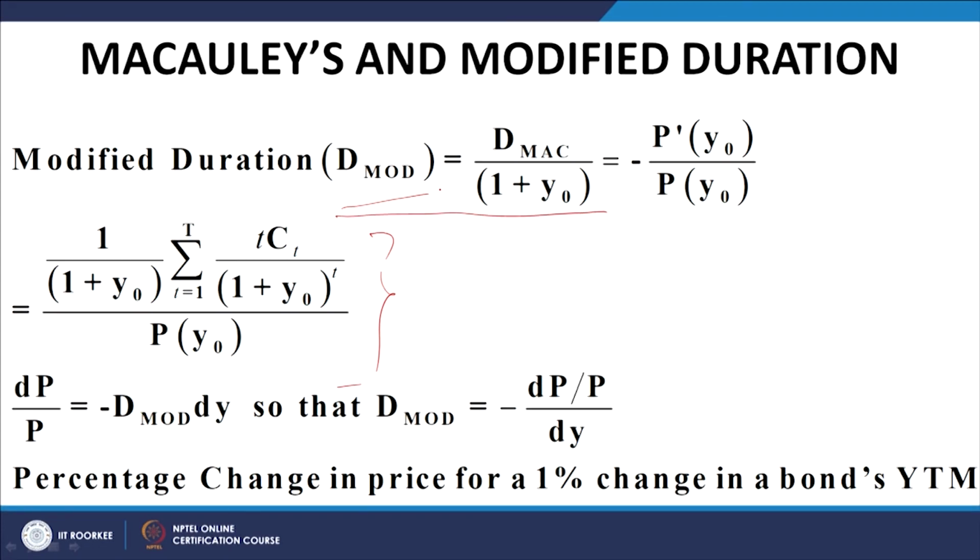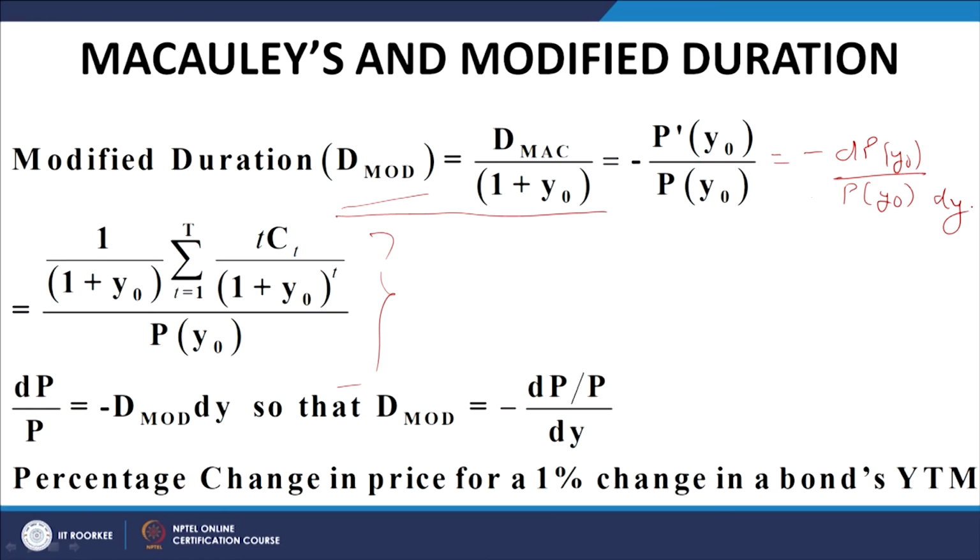I repeat, simply rearranging this formula, you can see it explicitly here, dP(y0) upon P(y0) is equal to minus of D_mod into dy.